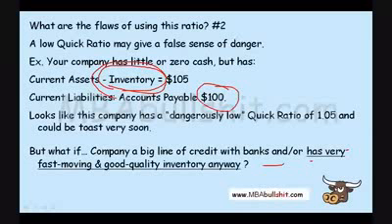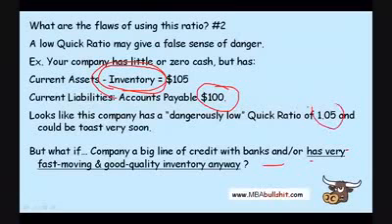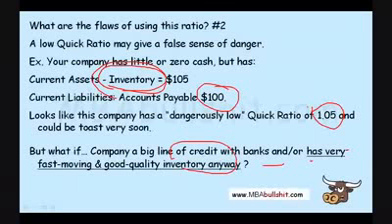So in this case, even if you have a low quick ratio of 1.05, the company will not have a problem, because this inventory will turn to cash very soon anyway. So an example might be, I don't know, a McDonald's shop.